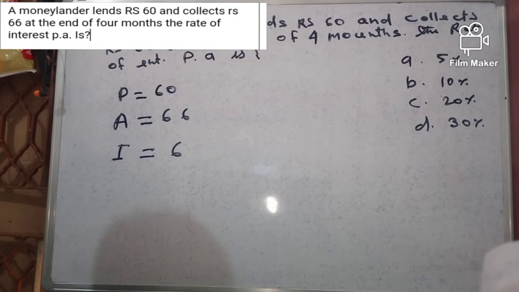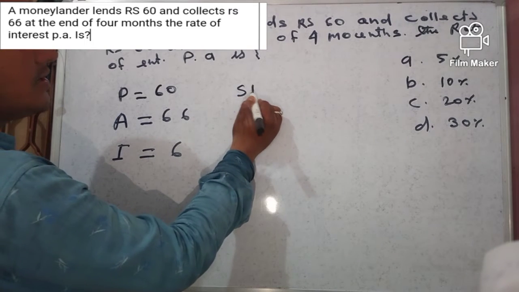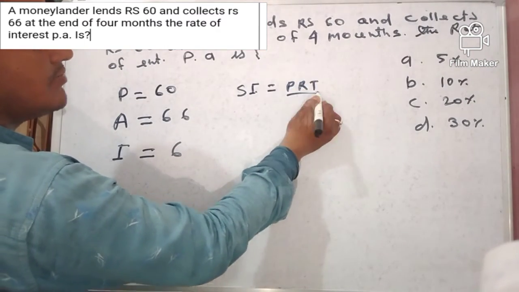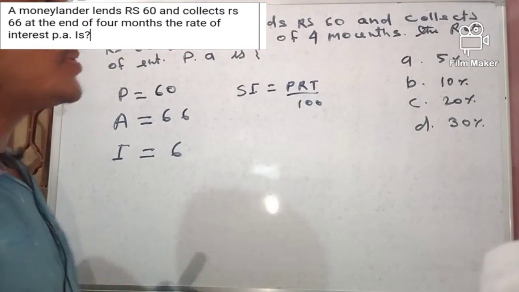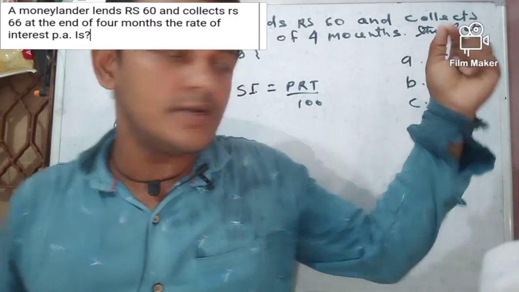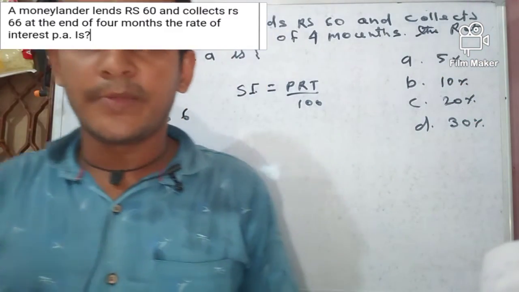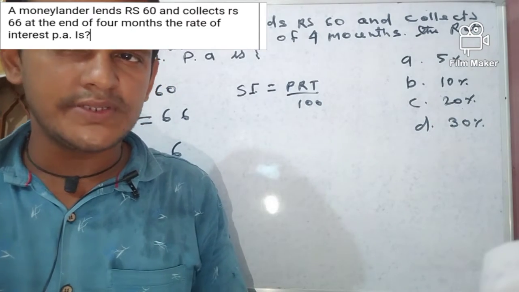We need to find the rate of interest. See here, simple interest equals PRT by 100. The options are A 5%, B 10%, C 20% and D 30%.